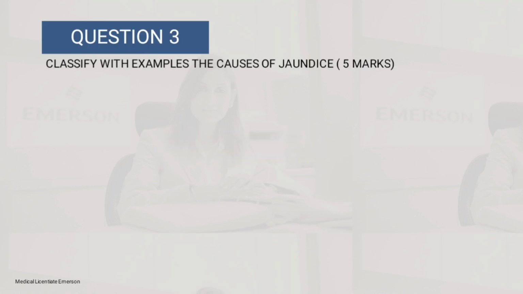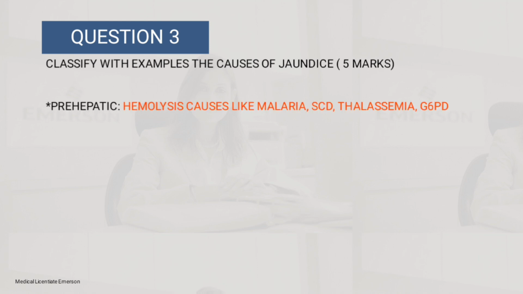And then question 3, classify with examples the causes of jaundice, 5 marks. So we can classify them as pre-hepatic, intrahepatic, and post-hepatic. So pre-hepatic, we can have hemolysis causes such as malaria, sickle cell disease, thalassemia, glucose 6-phosphate dehydrogenase deficiency.